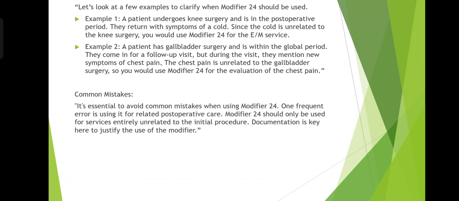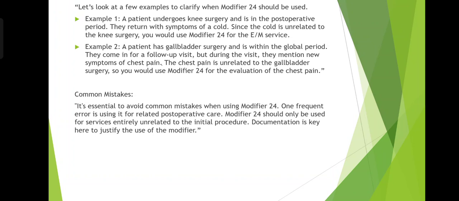And the most common error for modifier 24 is using it for follow-up care related to the original surgery. It means most of the time people code modifier 24 where the follow-up care is related to the surgery that happened.